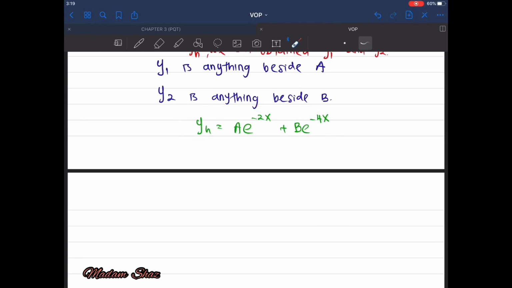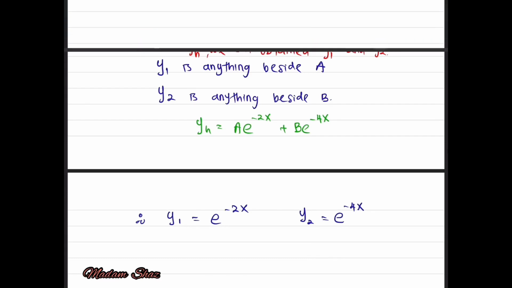Y1 is anything beside A, so you just close your A here. So this is our Y1. Y2 is anything beside B, you just close your B. So this is our Y2. Therefore, Y1 is equal to exponent negative 2x and Y2 is equal to exponent negative 4x.